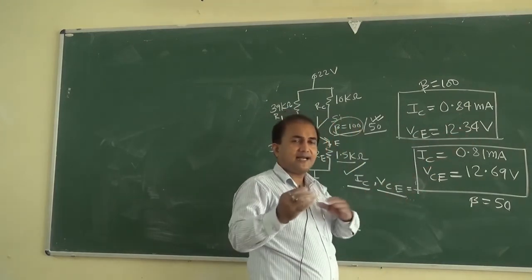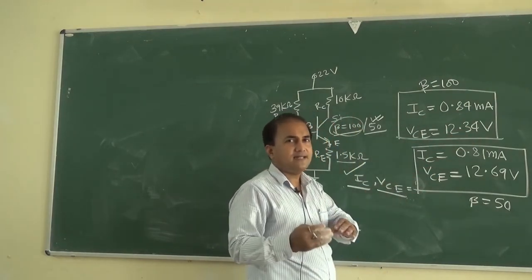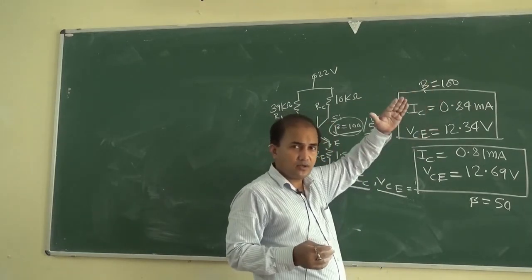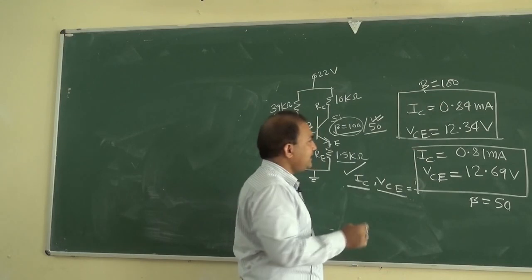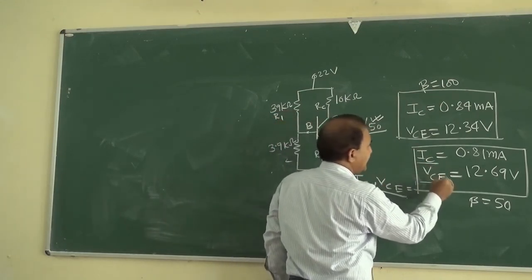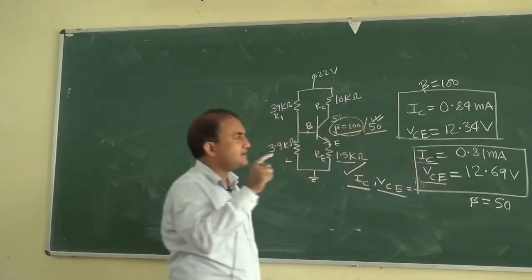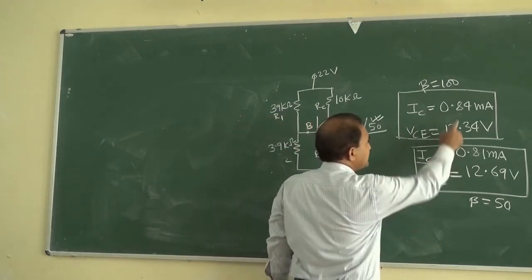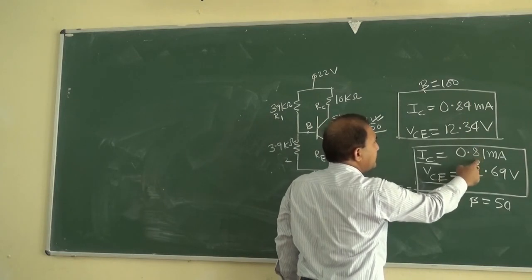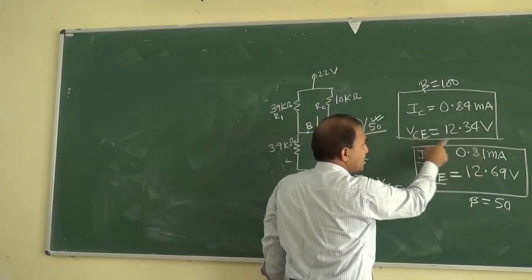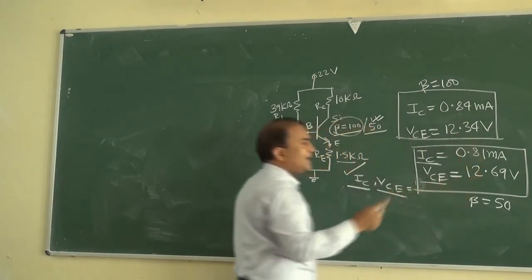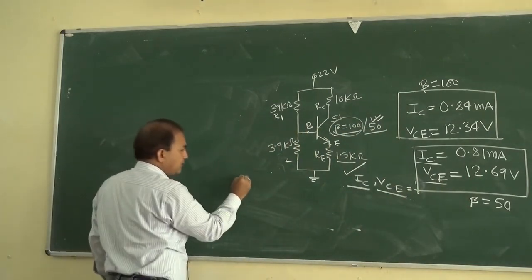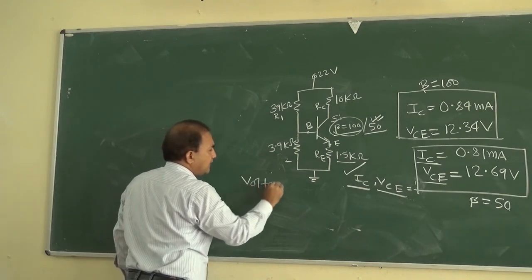Now if beta is reduced to half, then IC and VCE change very little. Here IC goes from 0.84 to 0.81 milliampere, and VCE has changed from 12.34 to 12.69 volt.